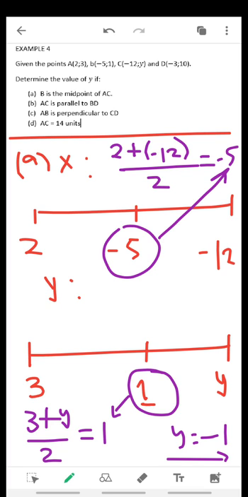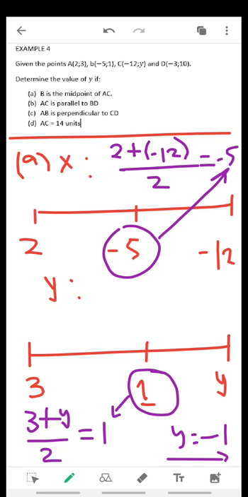Determine the value of y if B is the midpoint of AC. I know we haven't covered midpoint, but this is simple. I've tried to do it in a nice way that you can easily understand. If B is the midpoint of AC, what does it mean?